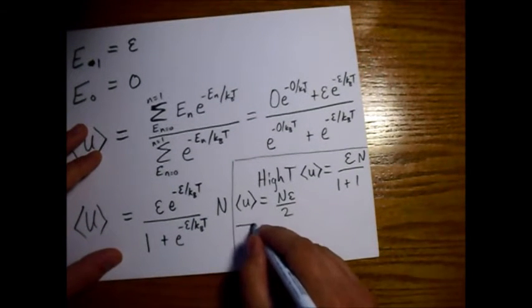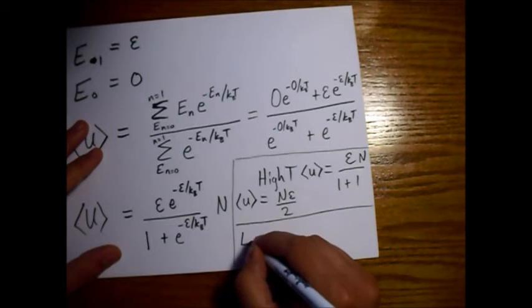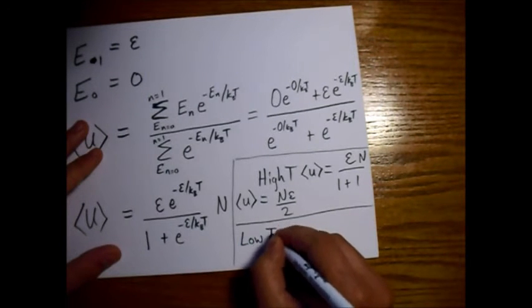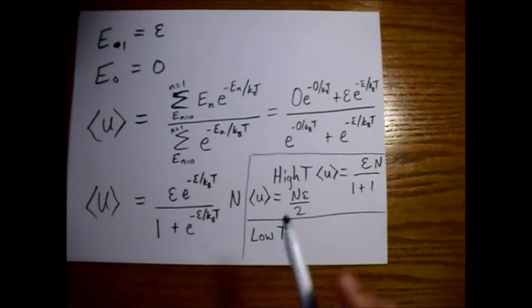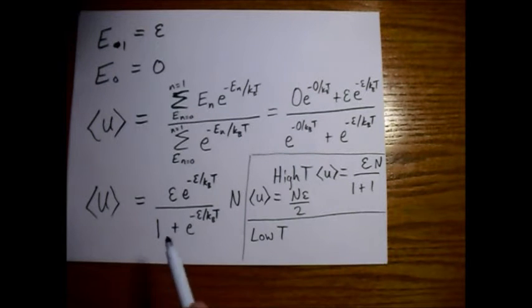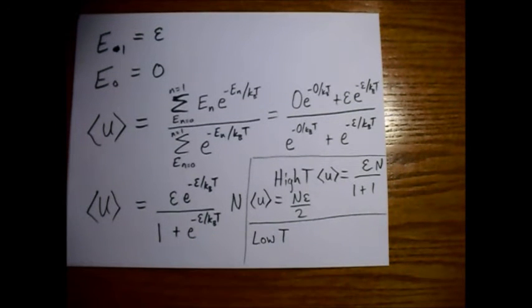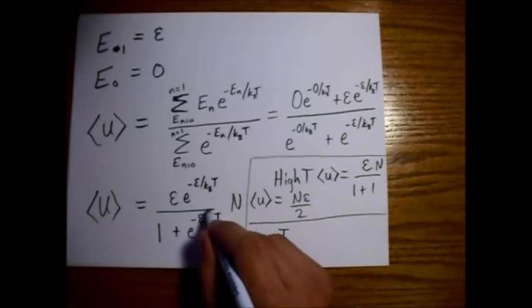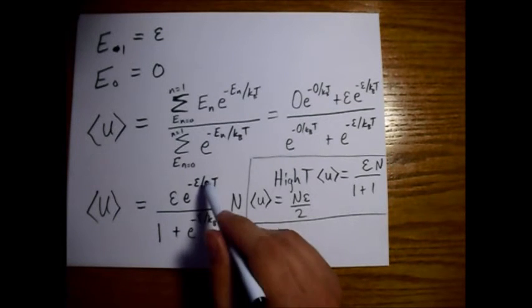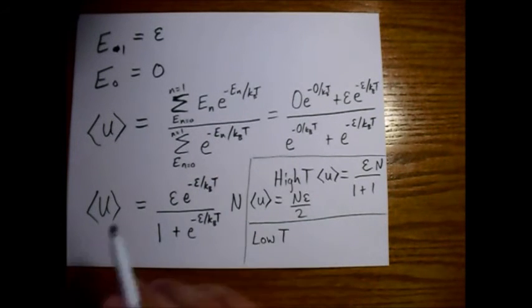All right, let's see if we have enough space here for low T. Okay, so what happens at low T? For small T, this exponential term goes to infinity almost.